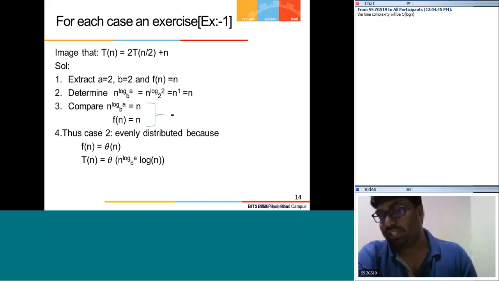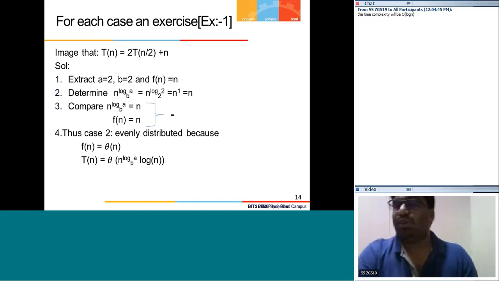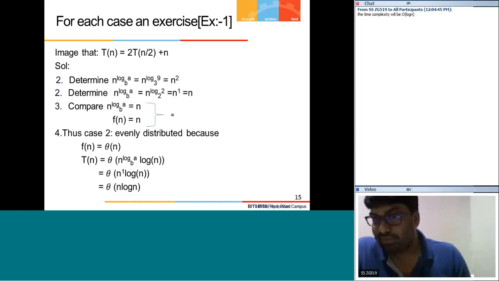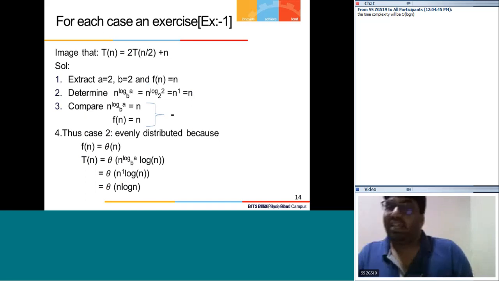Now, T of n is equal to theta of n to the power log a base b. So, what will be the time complexity of T of n now? It will become n log n, right? So, the time complexity to solve this problem is theta of n log n.